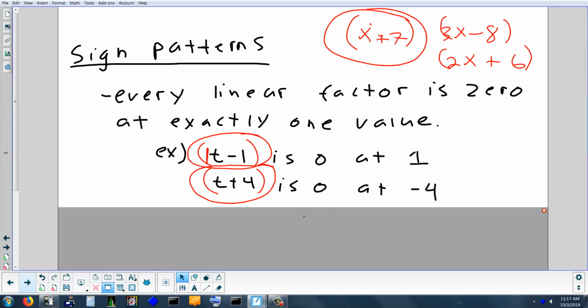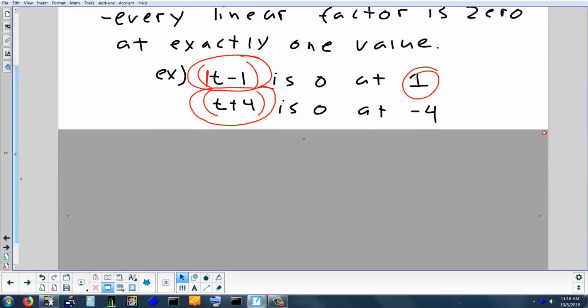So if you can find out the one number that you plug in that makes it 0, then you know anything bigger than that number, when you plug it in, you'll get a positive result. Anything less than that number, you'll get a negative result. So we have to just find where it's 0, and then we know bigger would be positive, smaller would be negative. Okay, we'll do an example.